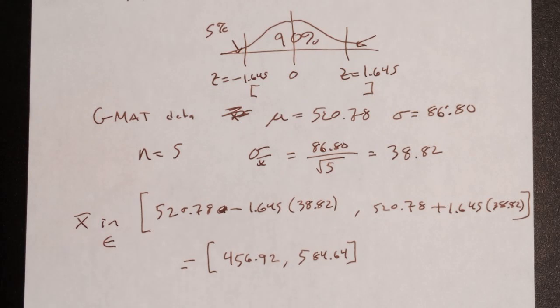Now, what if I don't just want to be 90% certain that I got the right interval? I want to be 95% certain or 99% certain. If I want to increase my level of certainty, what should happen to my interval? Bigger. It should get bigger, which means my z values need to get bigger.